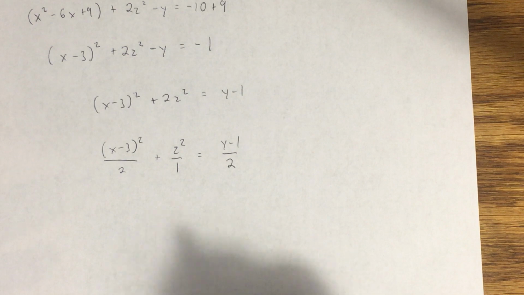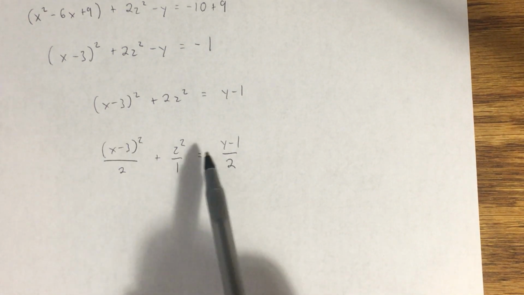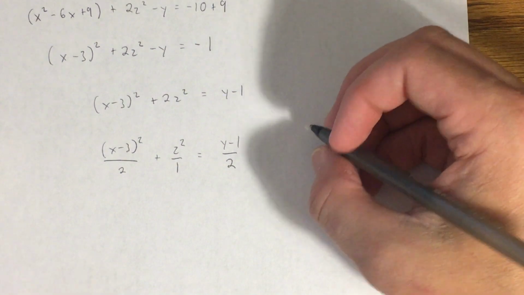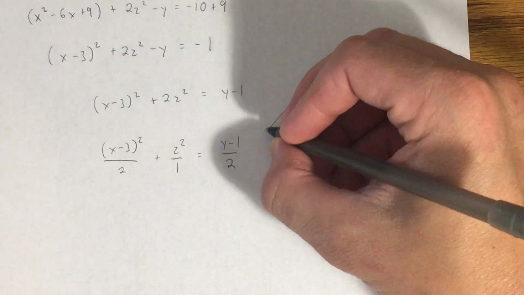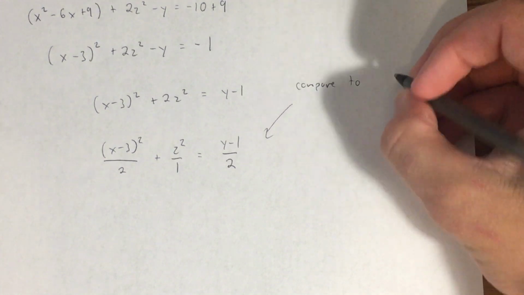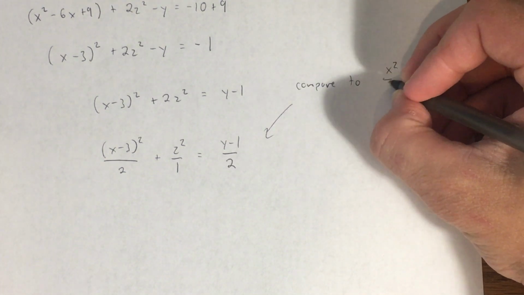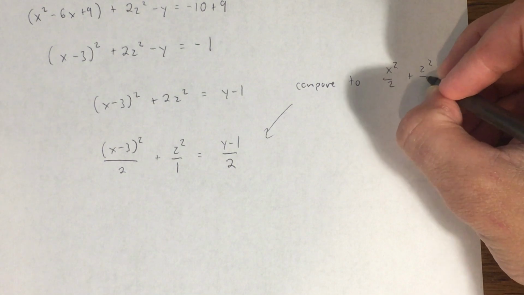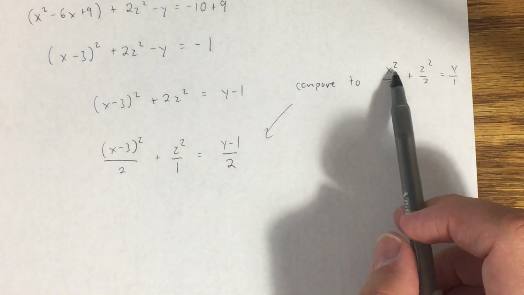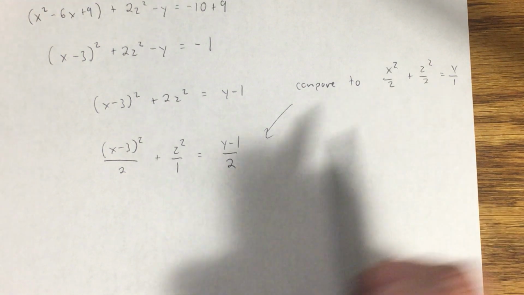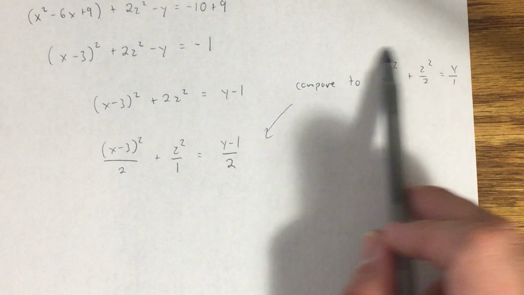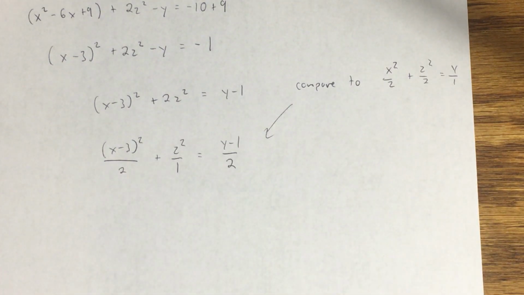What I want to do is temporarily forget about anything that's being added or subtracted to an x or a y. So compare this to, for example, x squared over 2 plus z squared over 2 equals y over 1. Notice that's not the same equation as this, but we're going to see how to take this guy and turn it into this guy right here.